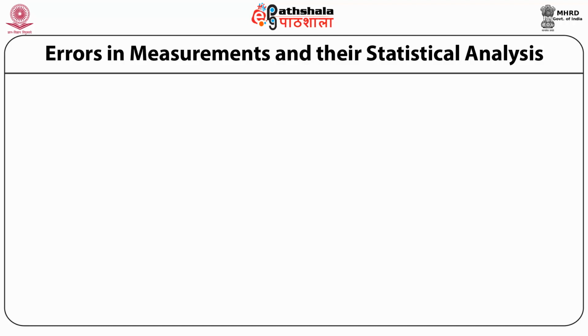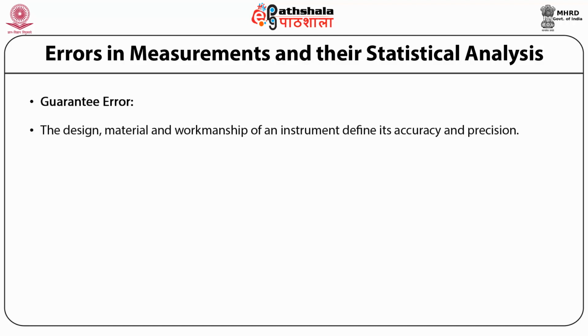Third type of error is the guarantee error. The design, material, and workmanship of an instrument defines its accuracy and precision.